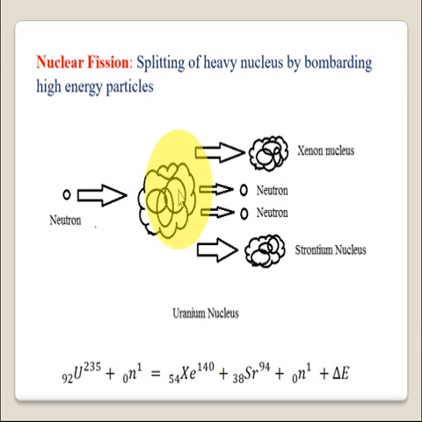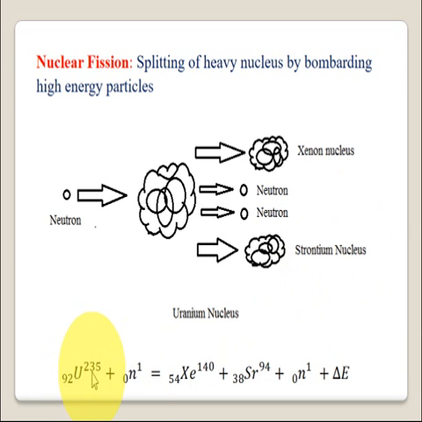We have a uranium nucleus, and a high energy neutron bombards it, and this nucleus breaks into two nuclei, xenon and strontium, and also two neutrons are produced which are used for further nuclear reaction, and heat energy is released.